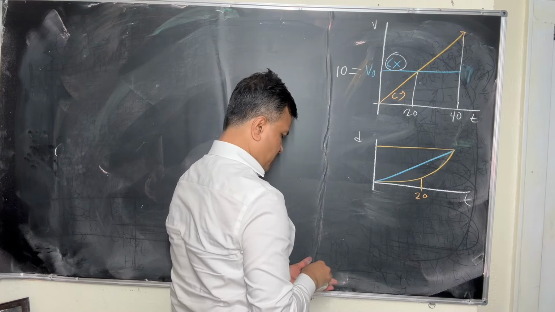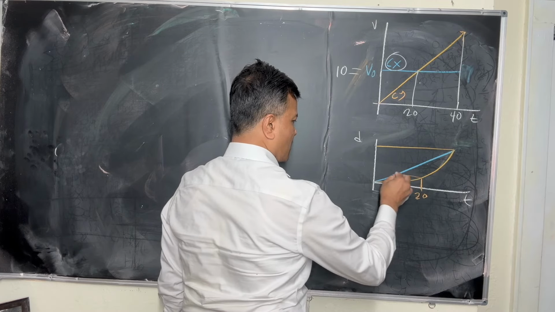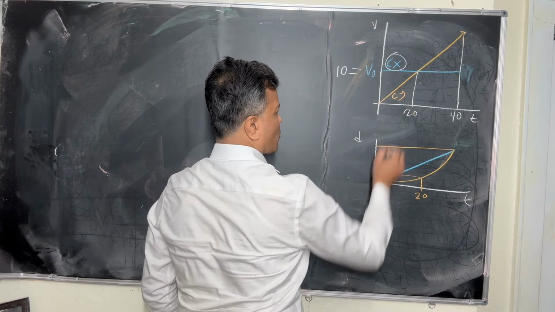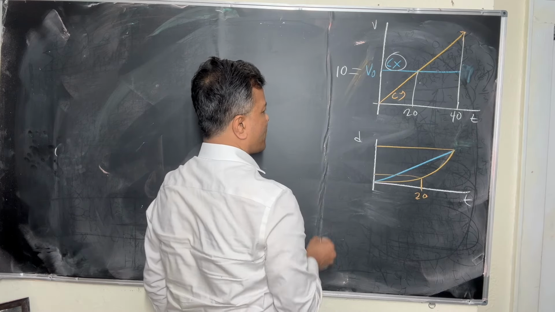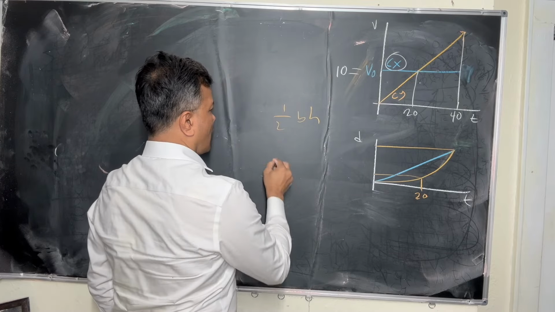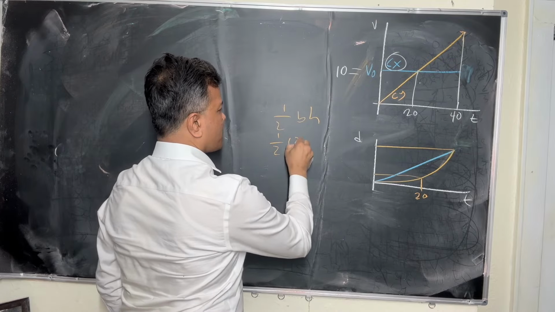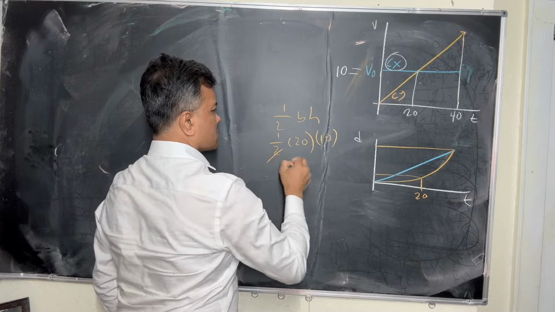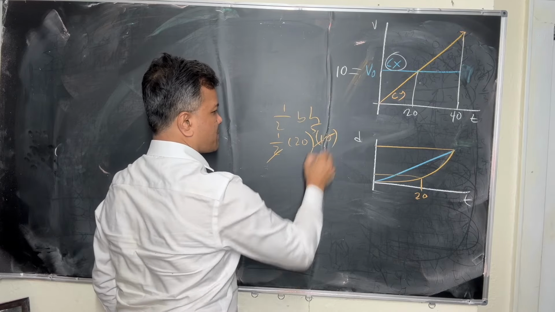Okay, so at 20, the orange car Y moves how much? Half BH, right? So half B is 20 and H is 10, so 100.